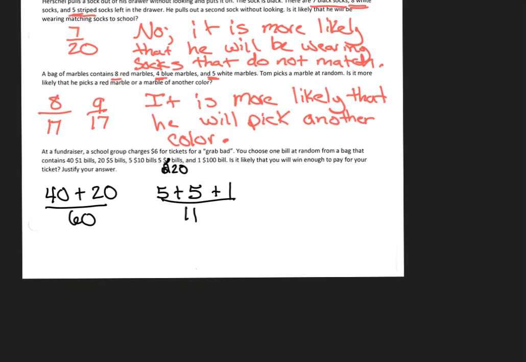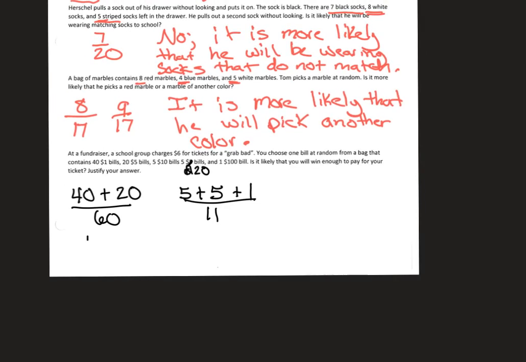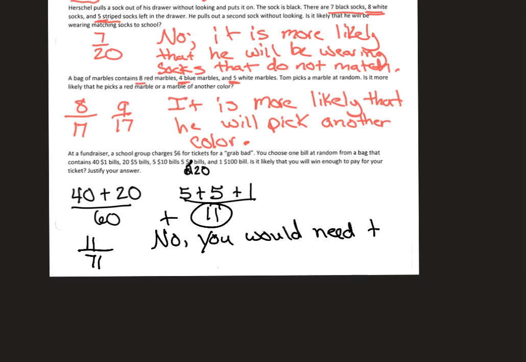So is it likely? Well, only 11 out of the total, right, of 71 would be enough to pay for what your ticket costs of $6. So 11 of those would be more than your ticket cost. So I'm going to say no. You would need to pick $10, $20, or $100.